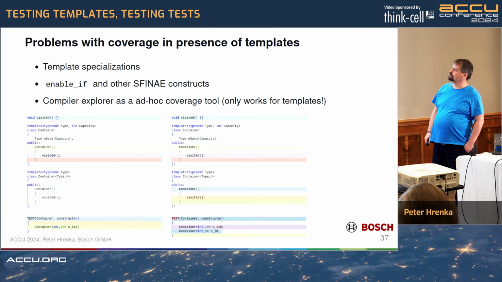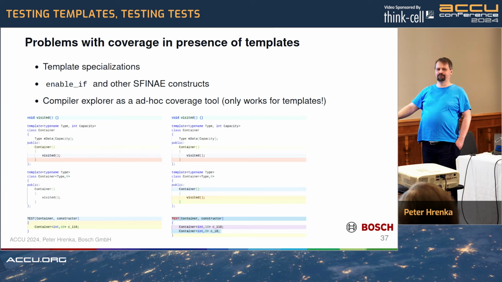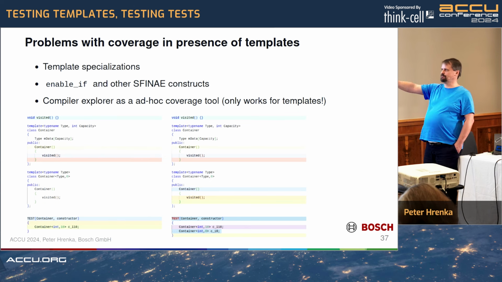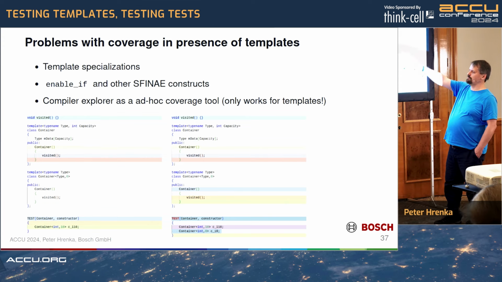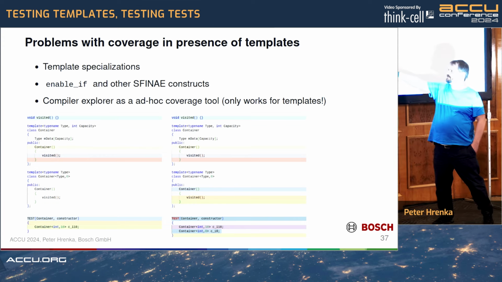Okay, that's not so nicely visible, but the point is more in the colors. Forget the code, just look at the colors. I didn't want to present a full coverage tool, but if you have templates, sometimes this works. So here I have a template and a template specialization, and in the first part there are no colors.